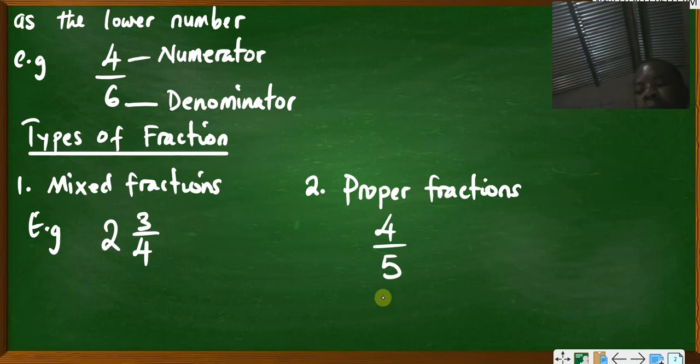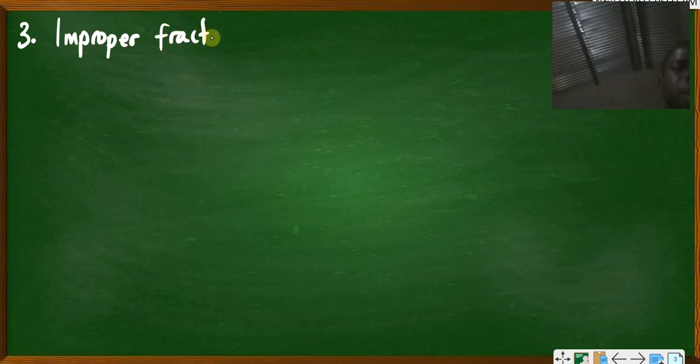Okay, then lastly we have another type of fraction. Another type of fraction is what we call improper fraction. So under improper fractions, we have a fraction like this.